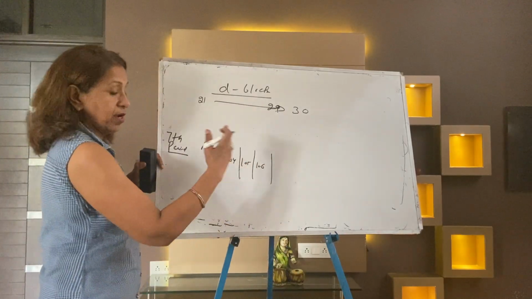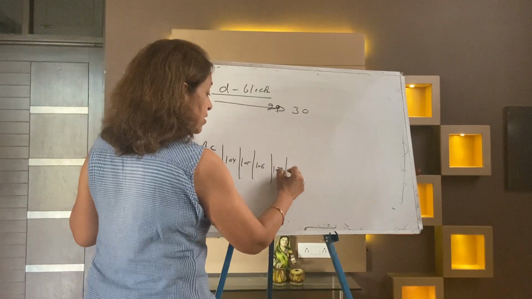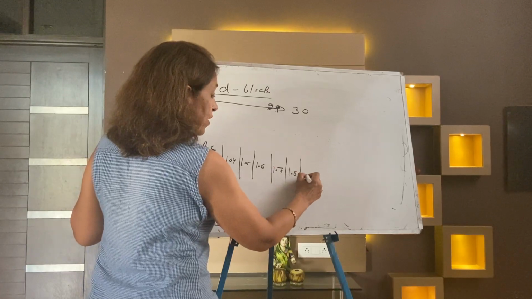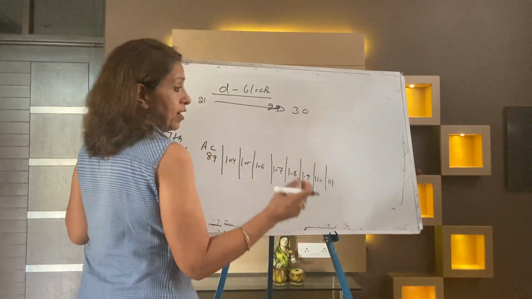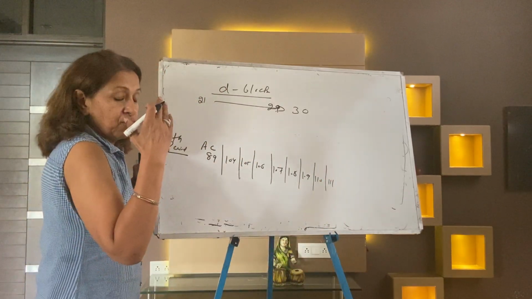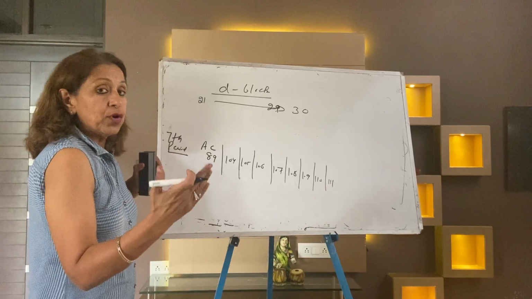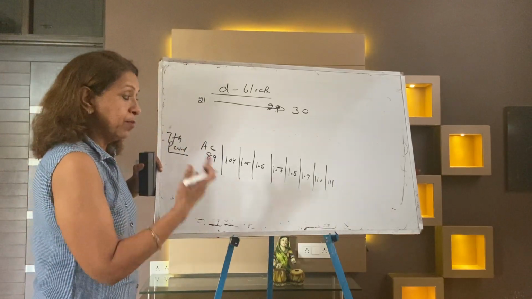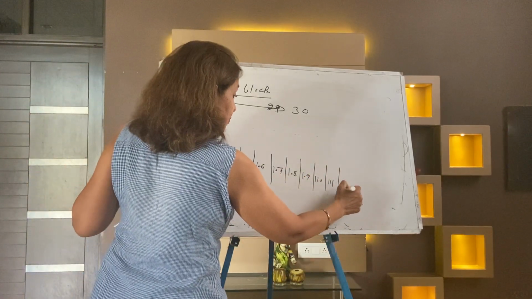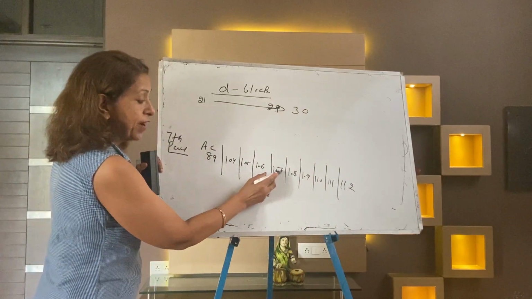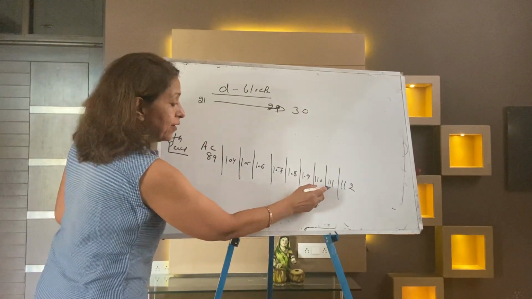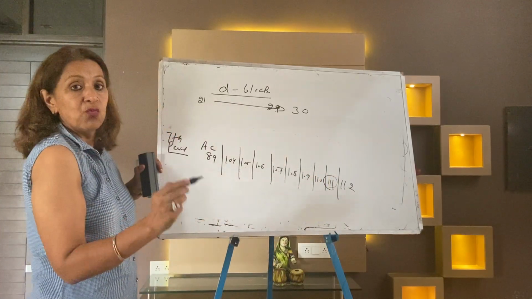These are all your D block. 107, 108, 109, 110, 111, and then 112, and 113 to 118 is in the P block. So this is your D1, D2, D3, D4, D5, D6, D7, D8, D9, 10.